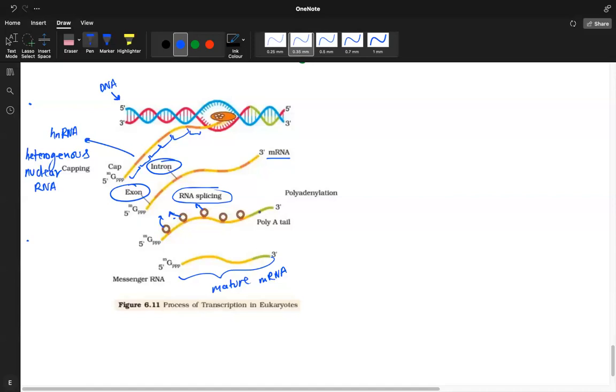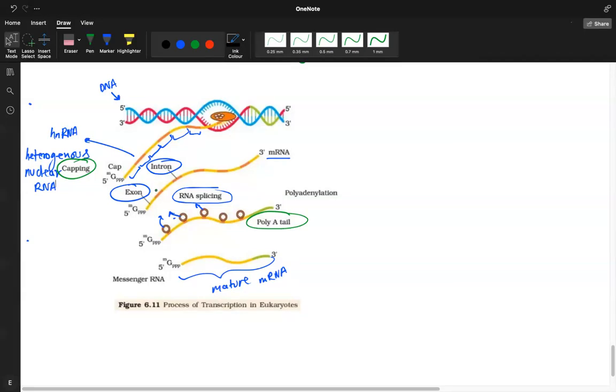And remember, what is this green thing? So you see two other words here. One is called capping and one is called tail. So capping and tailing. When this RNA comes out, we know that RNA is not a very stable molecule. Also, eukaryotic RNAs, which are heterogeneous nuclear RNAs, are longer also.